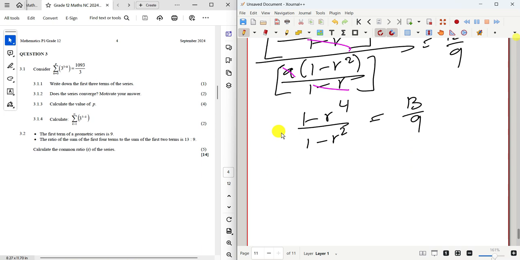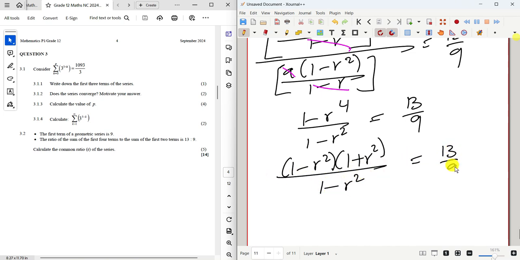Then the difference of two squares gives 1 minus r squared multiplied by 1 plus r squared all over 1 minus r squared equals 13 over 9. So what do we have? These are cancelling. So we have 1 plus r squared equals 13 over 9.